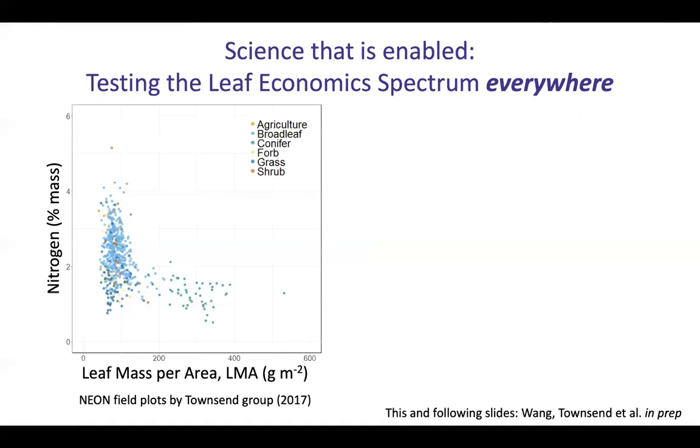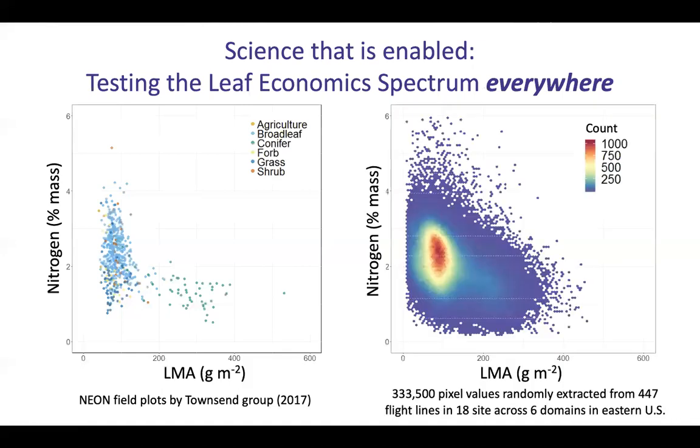There are some interesting nuances to it though here, and that shows you the functional types that are associated with those measurements. This is what we get. So we randomly sampled from 447 of the flight lines, about 333,000 pixels. And this is a density plot, so you see that a lot falls in this range, but you see that we still have the same relationship.